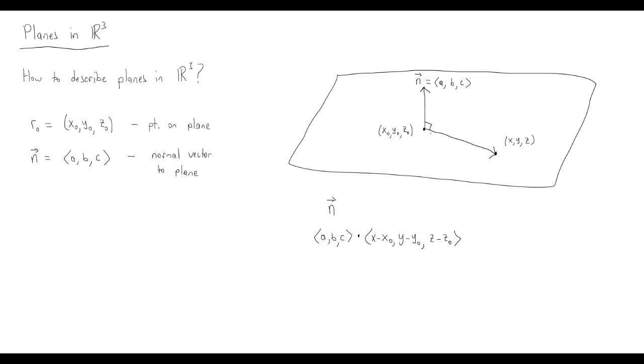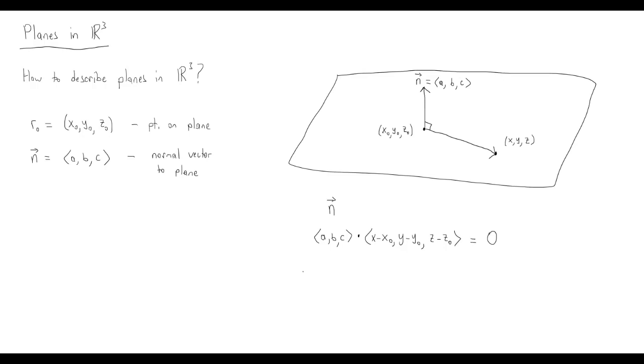These two vectors should be orthogonal precisely when x, y, z is in the plane. If they're orthogonal, then the dot product should be 0. So this gives us an equation for the plane.